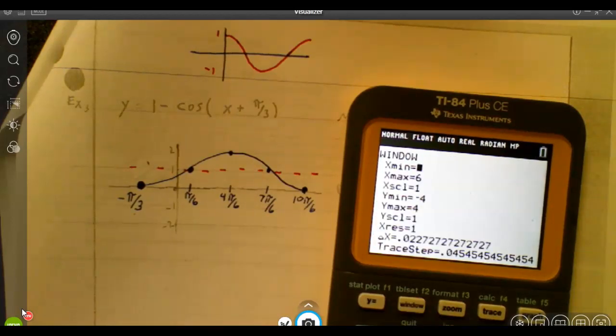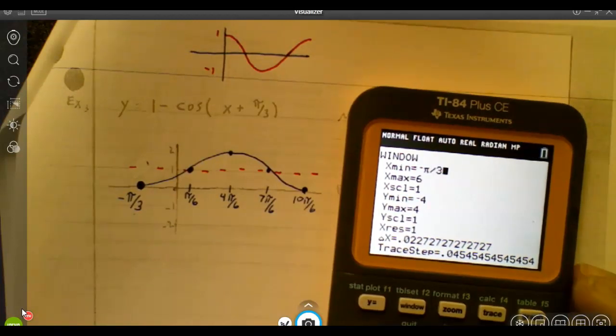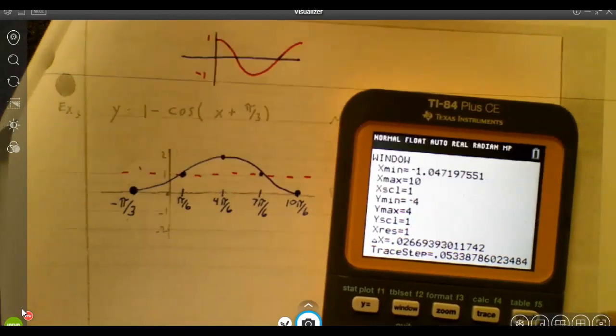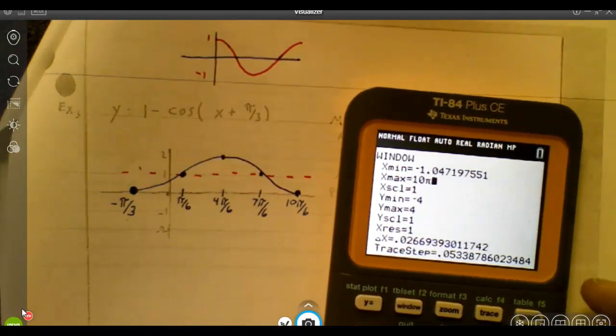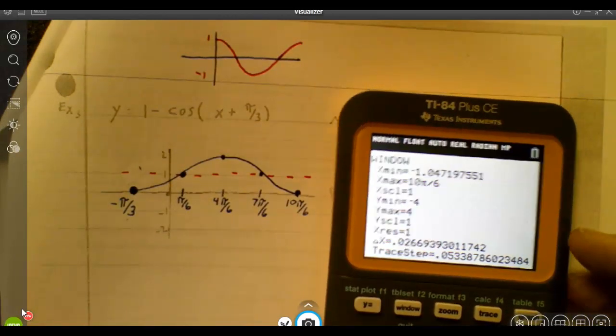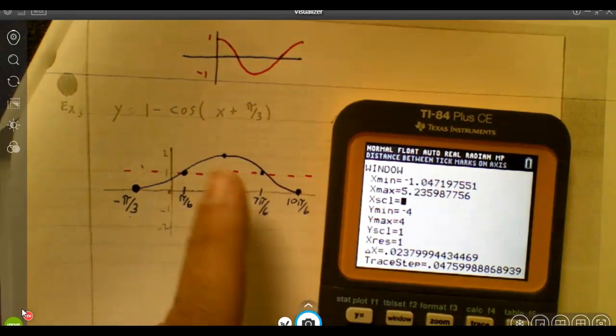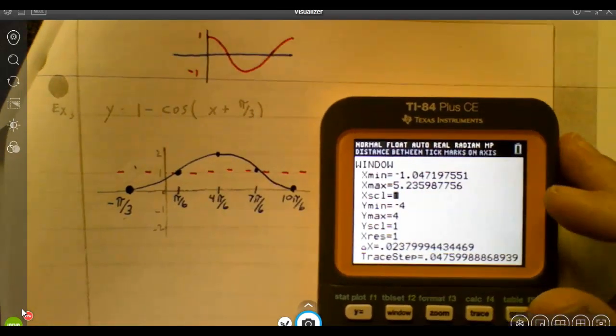I'm going to go from negative pi thirds up to 10 pi over 6, or you could say 5 pi over 3. So that way, what I see on my screen should match what I see on my paper. That's why I'm picking that window.